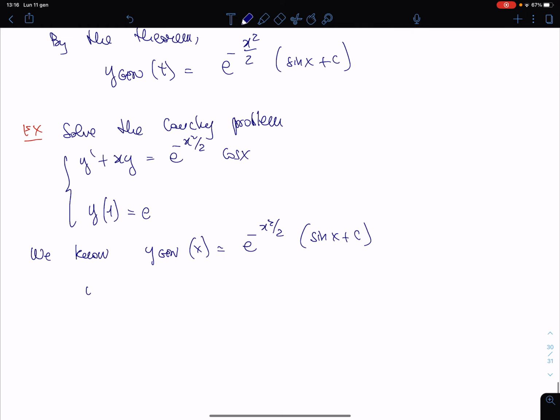So y of 1 for our solution must be e to the minus 1/2 times sine of 1 plus c, and this has to be imposed to be equal to e.